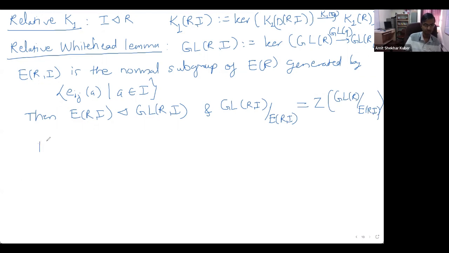Moreover, E(R,I) can be written as a commutator subgroup in two different ways: as the commutator of ER and E(R,I), and also as the commutator of GLR and E(R,I).